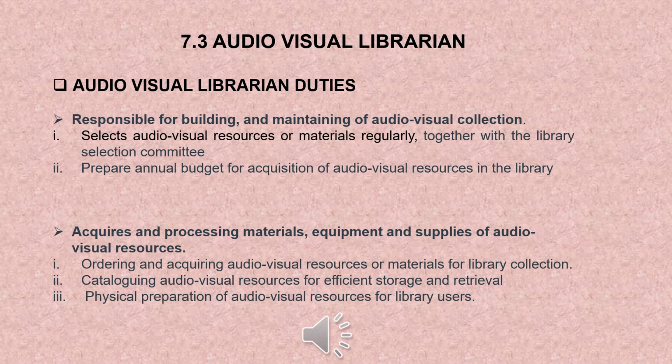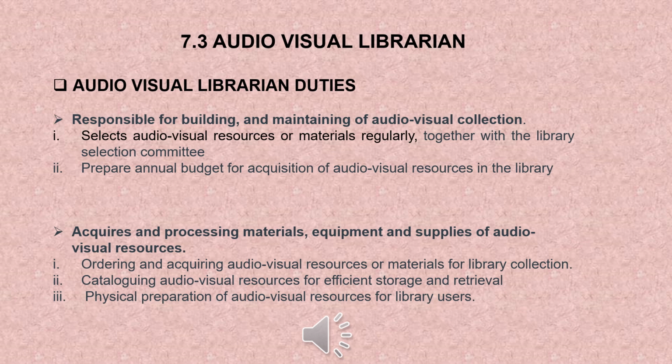Responsible for building and maintaining of audio-visual collection. The audio-visual librarian is responsible for developing policy and procedure of selecting materials for the audio-visual department. The policy will guide on selection of library audio-visual collection as part of the library collection development process.